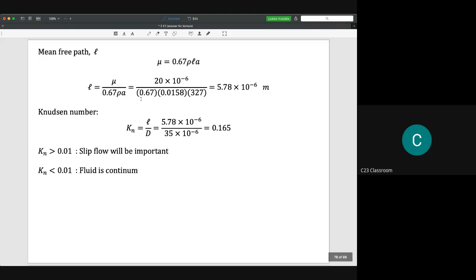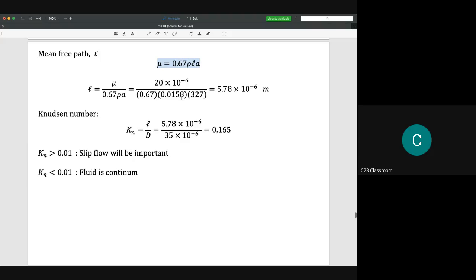And then the value of the mean free path depends on this equation. You could calculate this one, and then you will get this value, 5.78 times 10 to the power of minus 6 meters. And then the Knudsen number is the mean free path over the diameter, and you could get that the Knudsen number is 0.165.